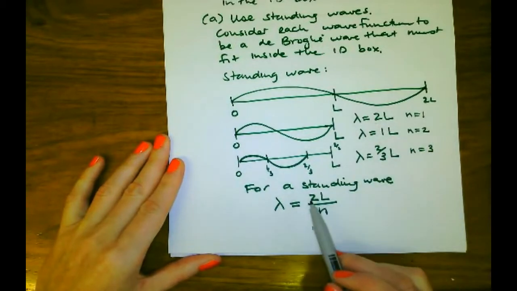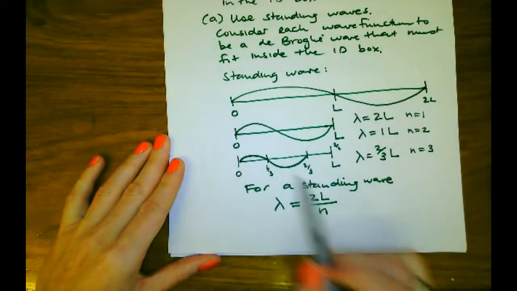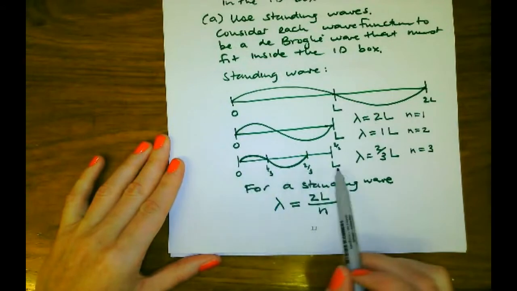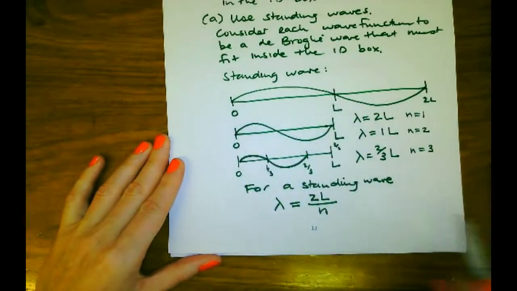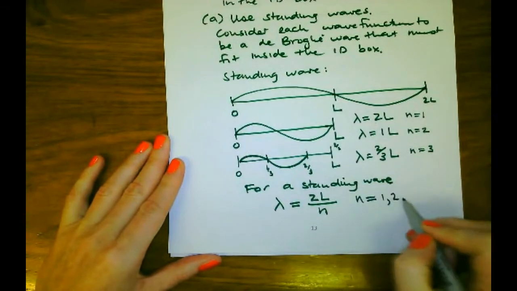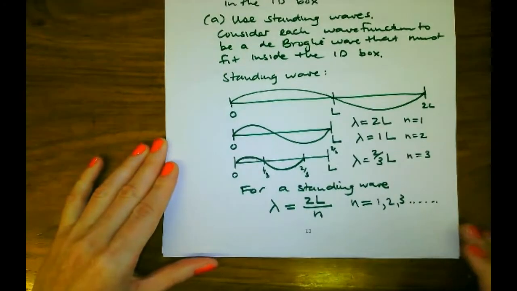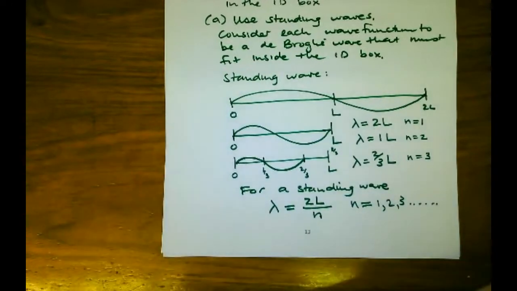So this is a general expression for the wavelengths of the standing waves that we can fit inside a box of length L. So remember, the length of the box is L. And in this case, our n is 1, 2, 3, etc. Okay, so we now have the wavelength of the standing waves that can fit inside the box.